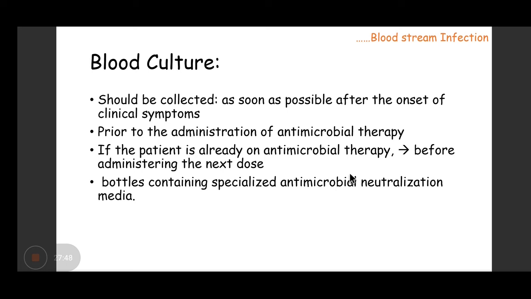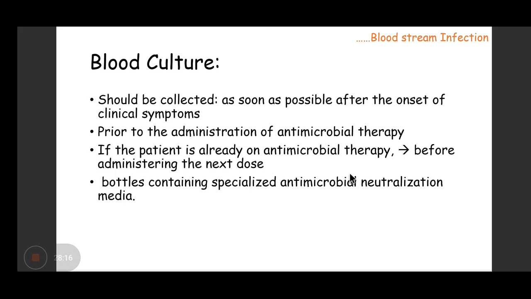You should send the sample as soon as possible after the onset of clinical symptoms, or as soon as the patient has come to the hospital. And preferably, the sample should be collected before starting the antimicrobial therapy, because if you collect the sample after starting antimicrobial therapy, the chances are that you will not get any bug in the blood culture.